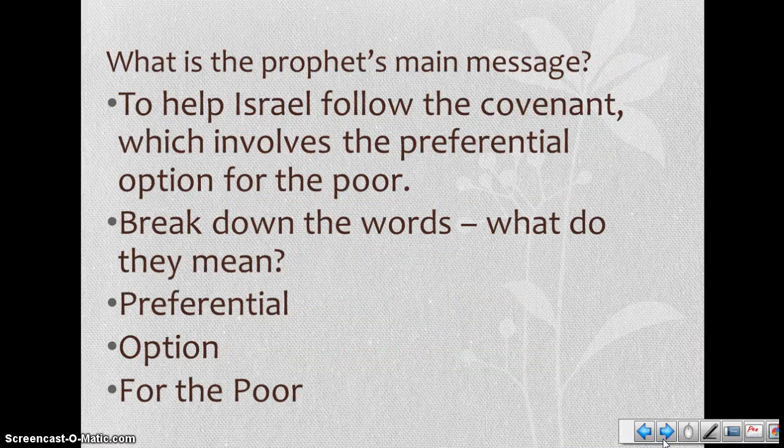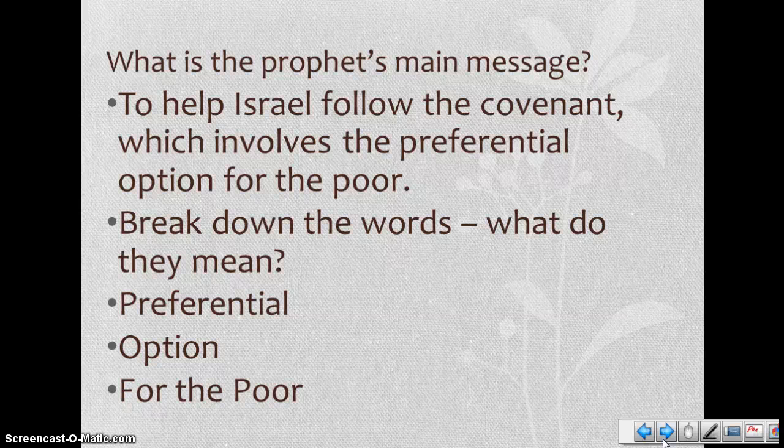What is the prophet's main message? To help Israel follow the covenant, which involves the preferential option for the poor. Now, if we break these words down, preferential means there's more than one choice and you like one more than the other, like I prefer chocolate ice cream to vanilla ice cream.